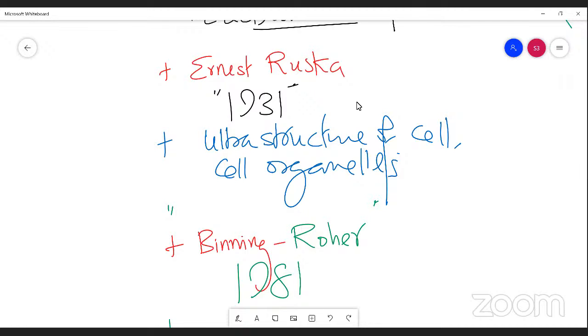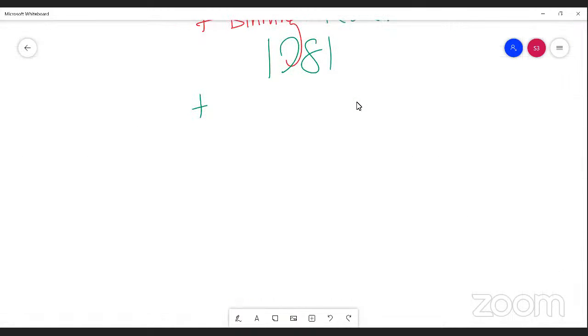Due to its discovery, the branch of science, cell biology, has developed rapidly. Because of the detailed study of the cell and its organelles, molecular biology has also originated very rapidly. That is simply the history of this microscope.